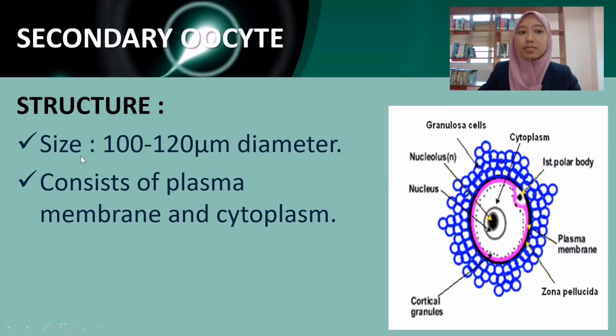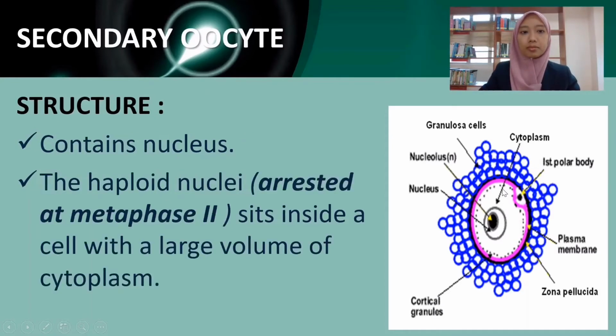It is a cell that has a size of 100 to 120 micrometer in diameter, and the secondary oocyte consists mainly of plasma membrane and cytoplasm. In the middle, secondary oocyte contains nucleus.